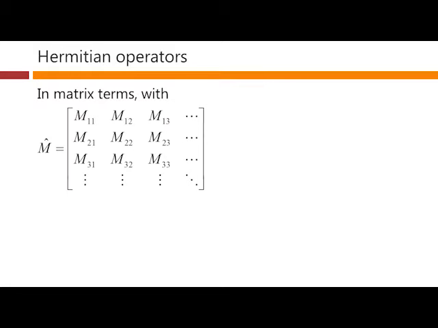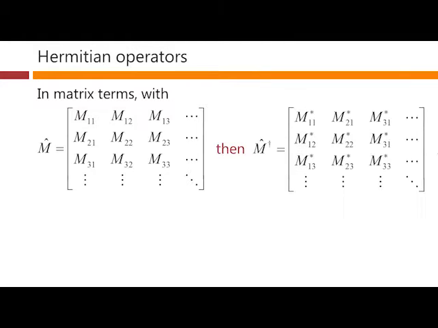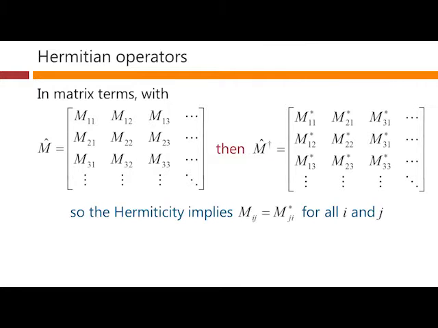In matrix terms, with some operator or some matrix M, the Hermitian adjoint of that matrix is just the result of reflecting about the leading diagonal, this 45-degree line as it were, and taking the complex conjugates. So the Hermitian adjoint means that M31 here turns into M13 star. If a matrix is Hermitian, that is, M is equal to its own Hermitian adjoint, then Mij is equal to Mji star.